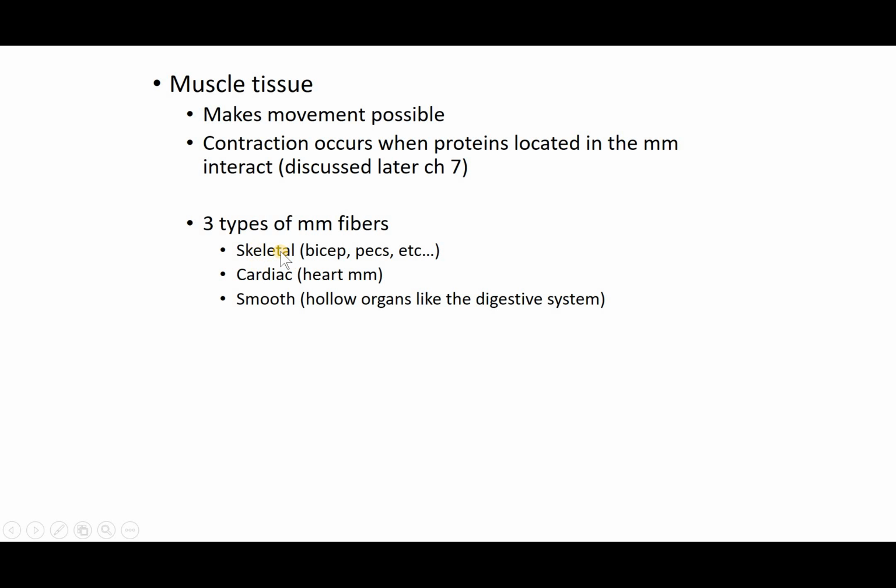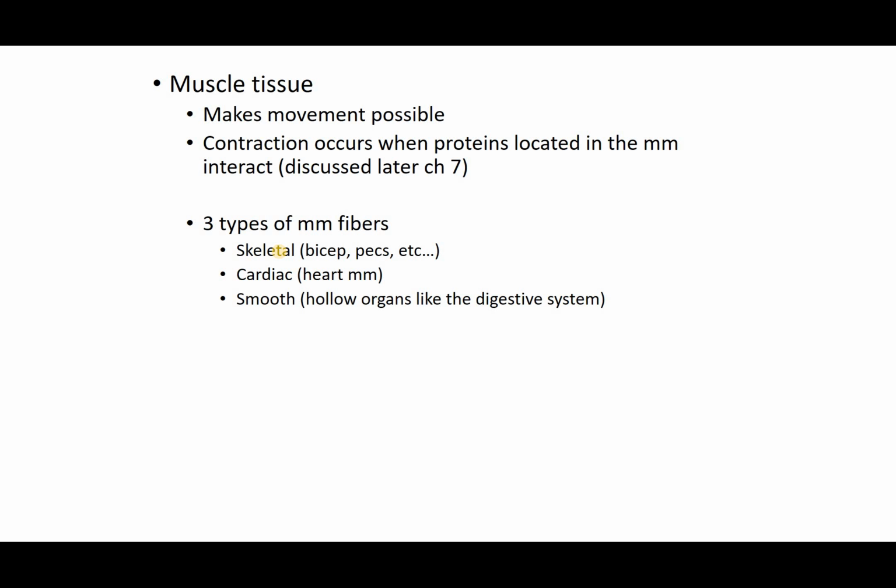Skeletal muscle. This is the type of muscle that you would ordinarily think of when someone says muscles. Our mind just typically jumps to skeletal muscle, like your biceps and your chest muscles, the so-called pecs, quads, that kind of thing.